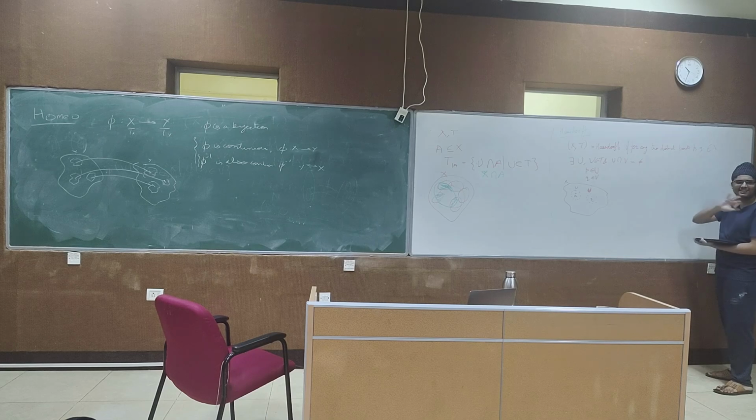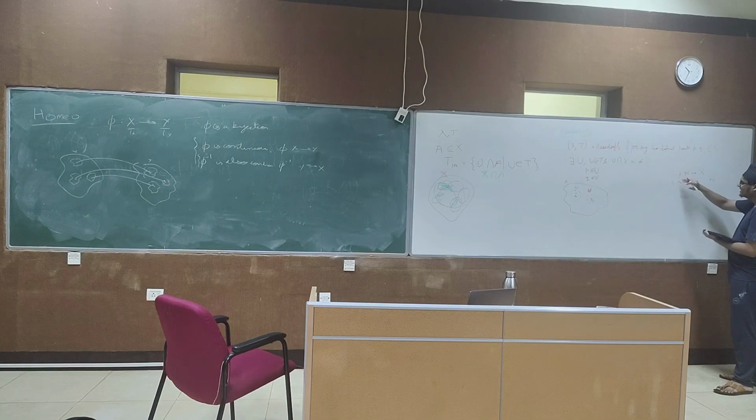You all know what a sequence is, right? A sequence is a map from natural numbers to the set, like the set we are considering here, X. It's a sequence like A1, A2, A3, A_n, and so on. This is a map which takes natural numbers as input and gives you an element in X.